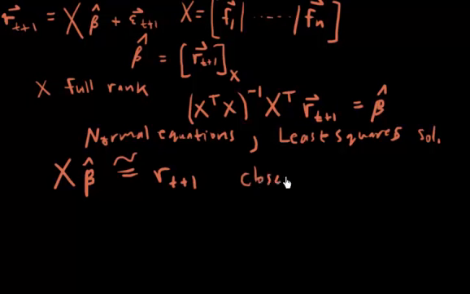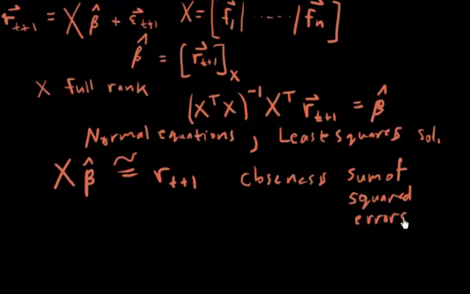Our natural measure of closeness is going to be the sum of squared errors. It's a nice measure because if you're far off it penalizes a lot, and if you're very close it penalizes less than a linear penalization function. So with the sum of squared errors as your measure of closeness, this least squares solution is your best fit.